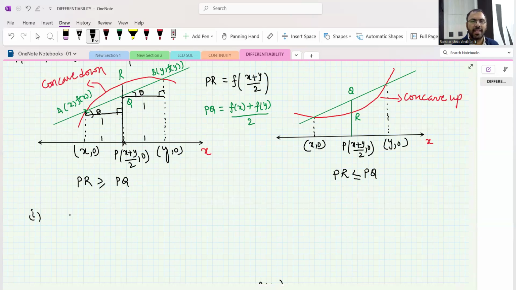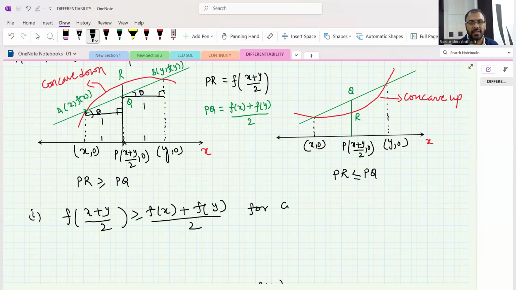So f of x plus y by 2 is greater than or equal to f of x plus f of y by 2 per concave down. Similarly, it is less than or equal to f of x plus f of y by 2 per concave up.